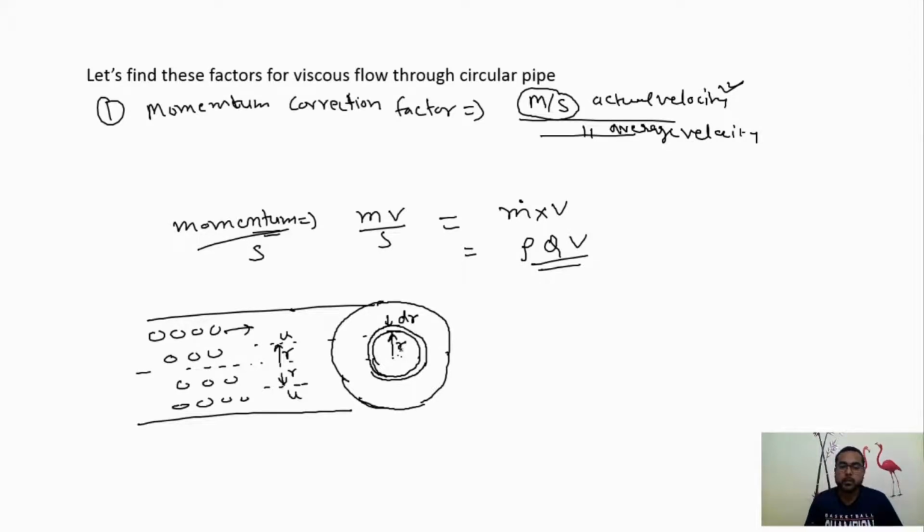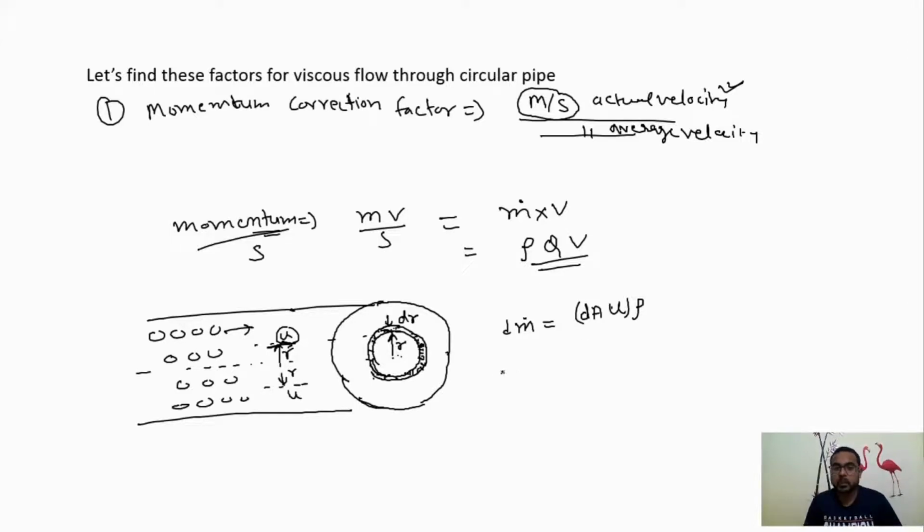We consider the ring very thin, so the velocity across this ring is almost constant, equal to u. The discharge through this elementary ring is area into velocity into density.